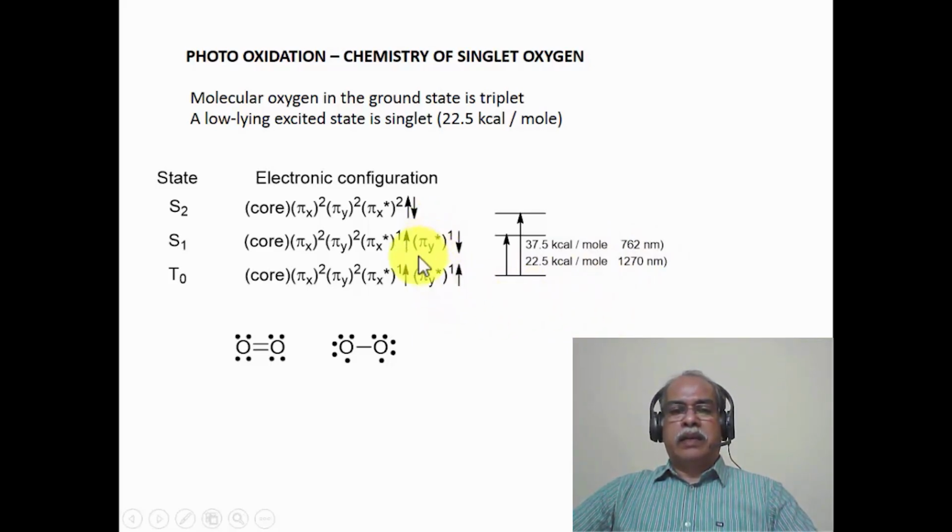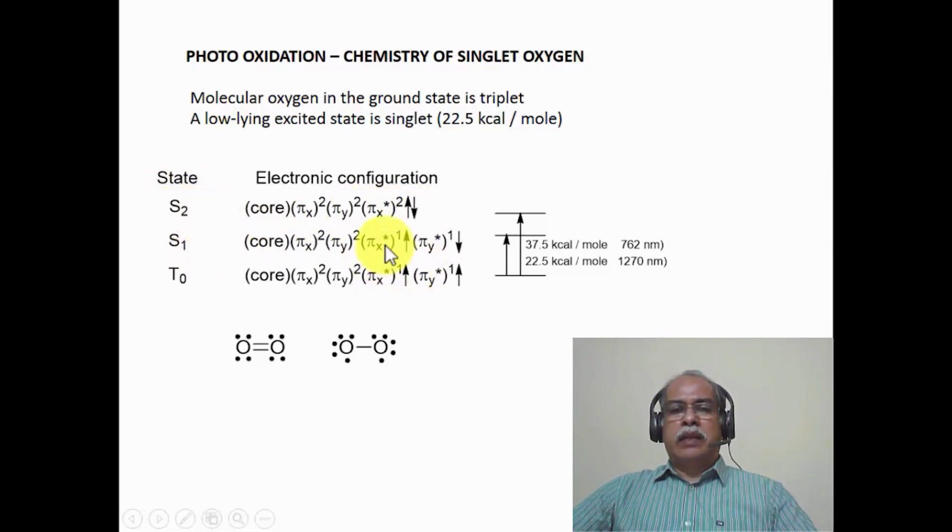The electronic configuration clearly tells you that this is spin unpaired, so this is a triplet state. This is spin paired, although the occupancy is in two different orbitals, whereas this is spin paired in the same molecular orbital. In fact, if we look at the occupancy here, the pi star molecular orbitals x and y are filled up in the S1 state, and pi x square is filled up in the S2 state.